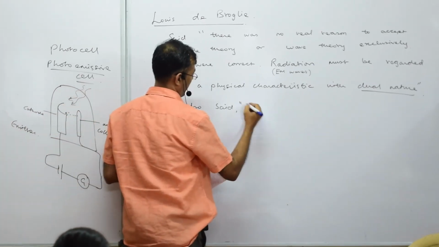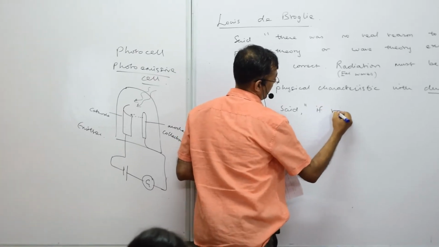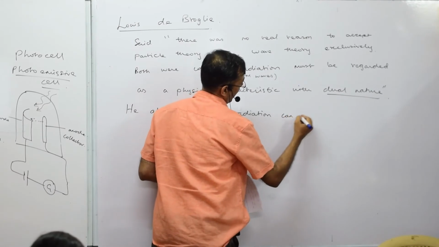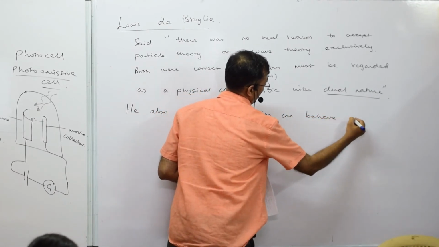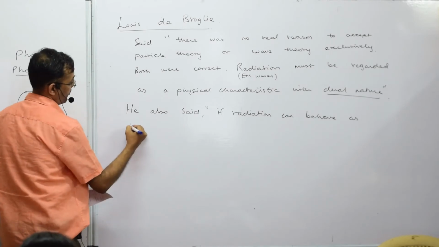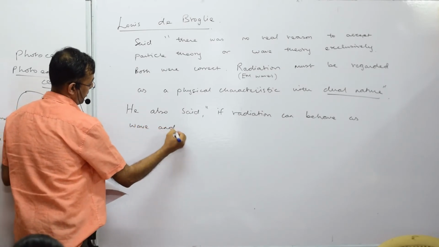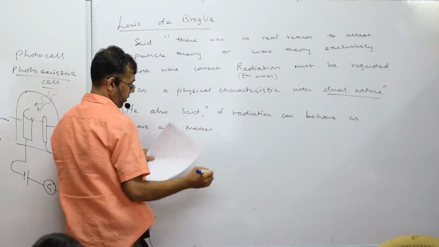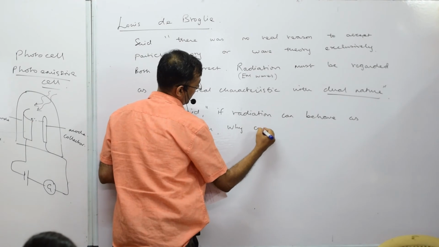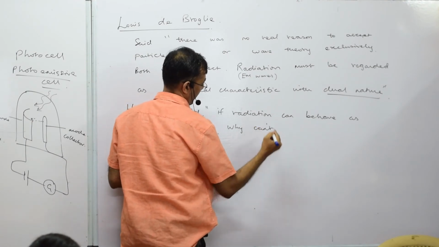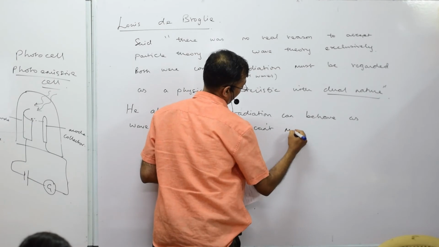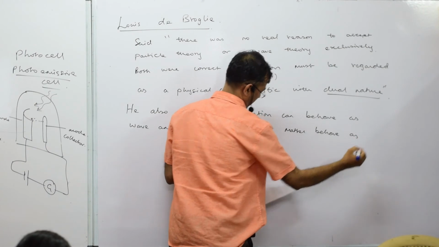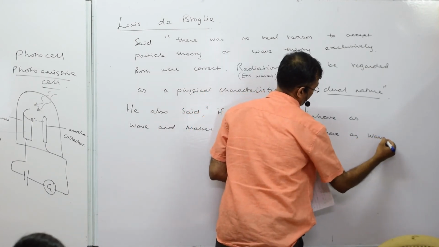So if radiation can behave as wave and matter, why can't matter behave as waves?